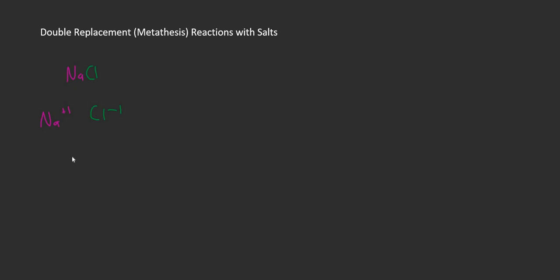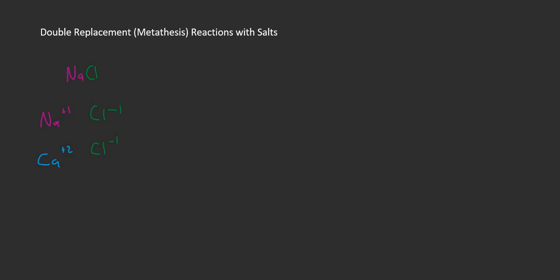So let's take another example. Let's take calcium. So calcium has a +2 charge. It's in group 2. And let's say we wanted to bond calcium to chloride. So if we wanted a neutral salt containing both calcium and chloride, what would the charge tell us about how many chlorides we would need, given calcium is +2, chloride is -1. Well, if we wanted an overall charge of 0, we would need 2 chlorides.